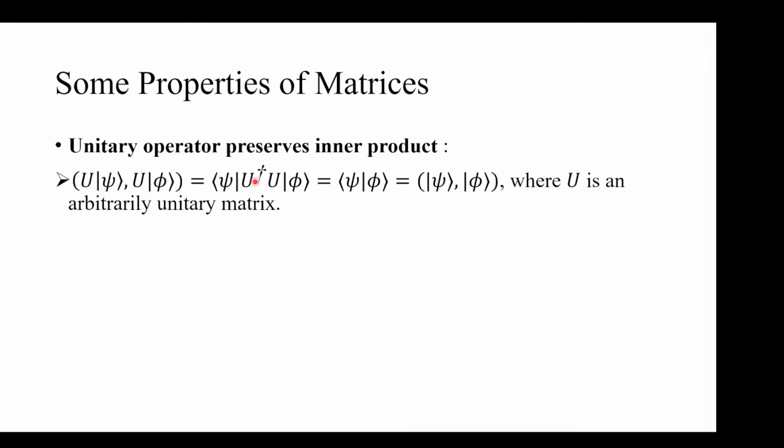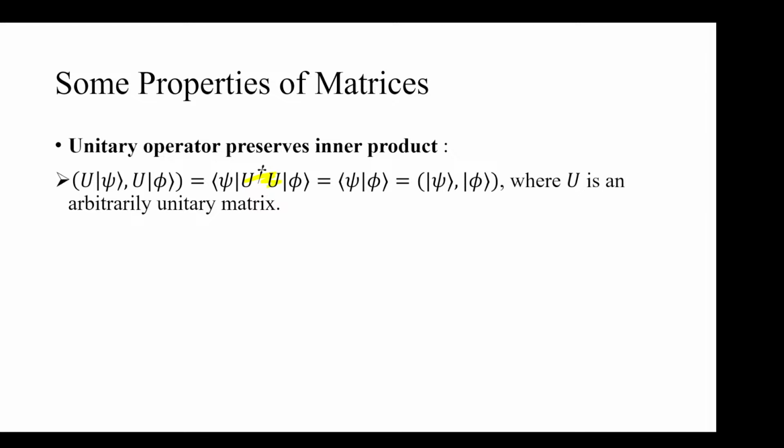You need to calculate it by taking the adjoint of U ket psi, which equals the adjoint of ket psi, meaning bra psi, and the adjoint of U being U dagger. So it's bra psi, U dagger, U, ket phi. Then we use the fact that matrix multiplication can be resolved in any order, so we can do the multiplication of these two matrices first.